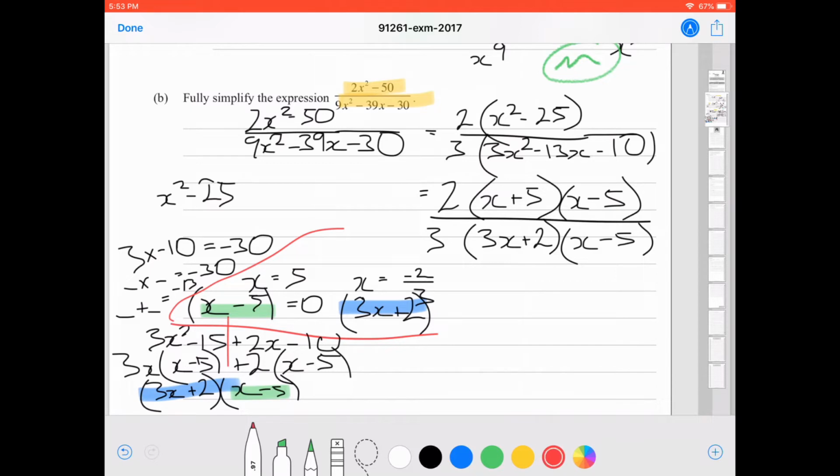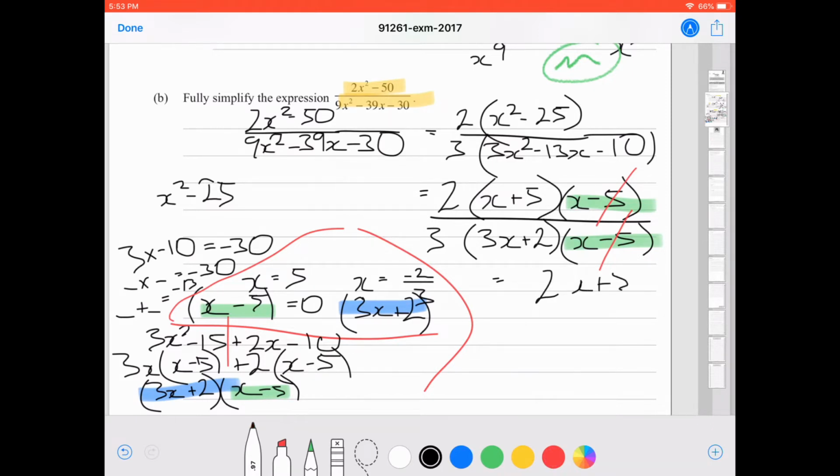At this point, we can cancel, right? We've already factorized. So we can see x minus 5 is common on the numerator and denominator, and so we can go ahead and cancel these two values. And so we end up with 2 times x plus 5.